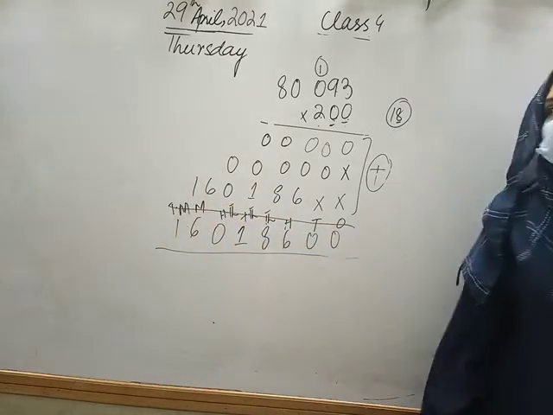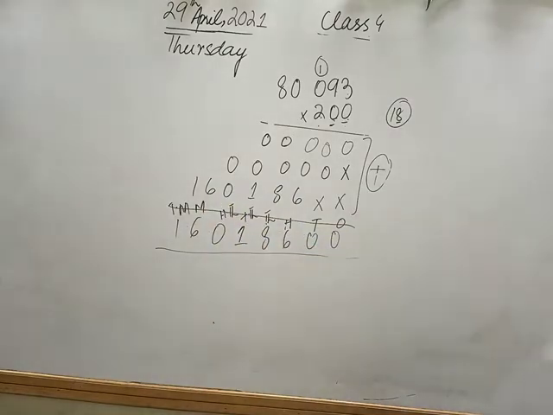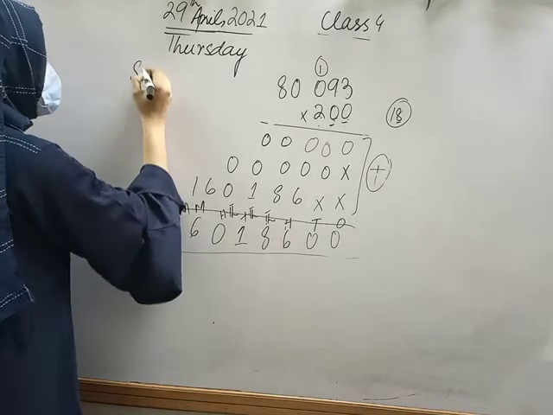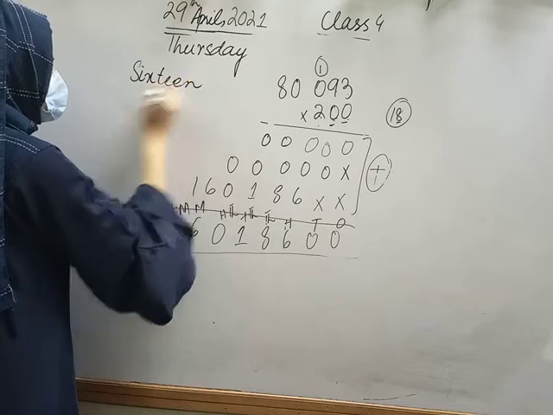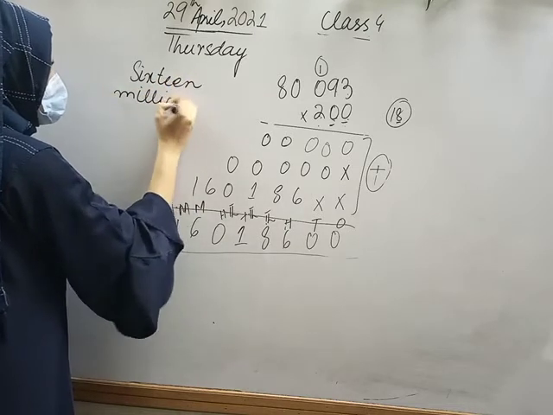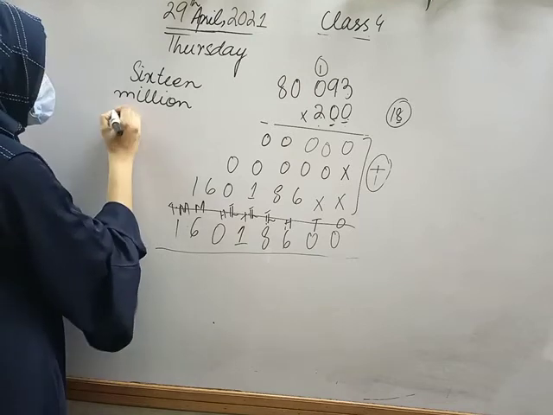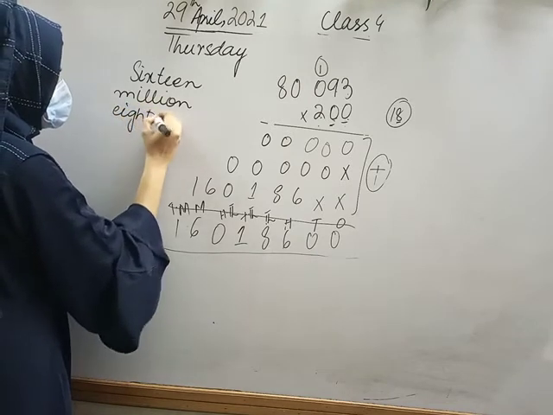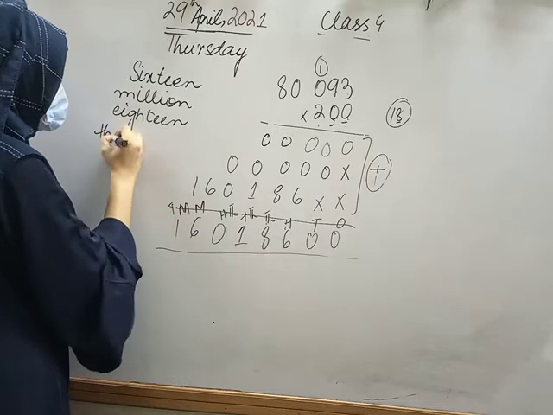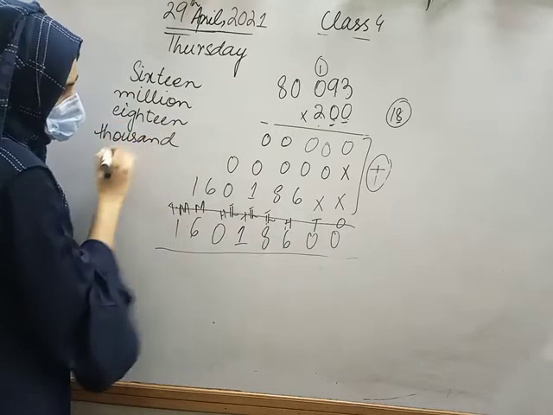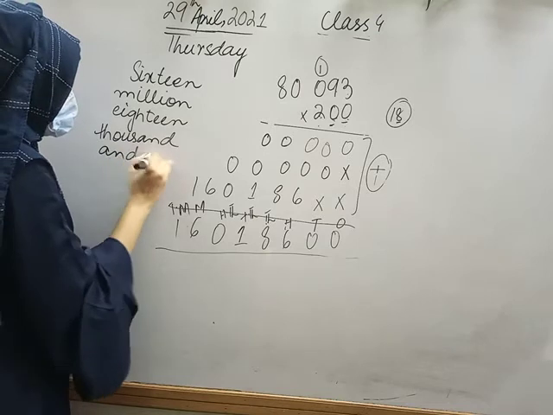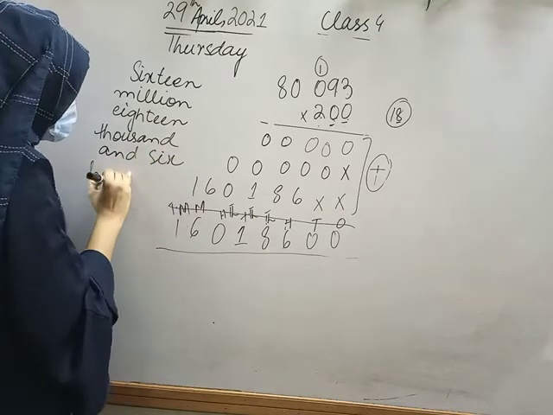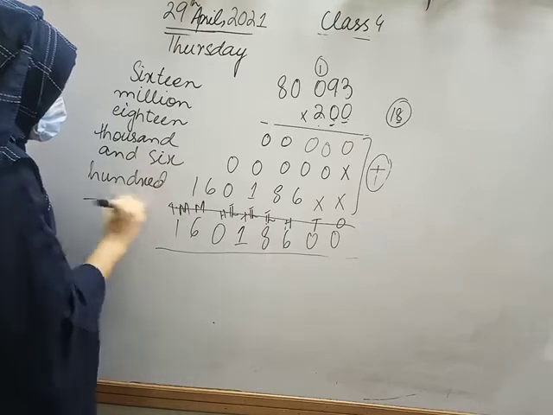So we can read this number in total as 16,18,600. Fine. Okay class?